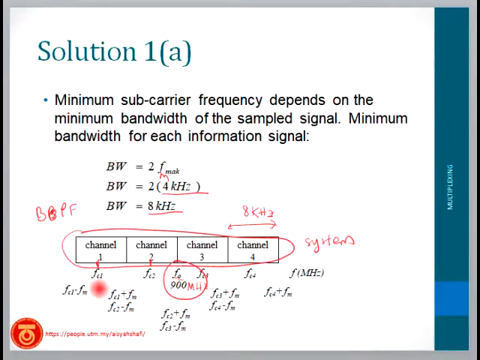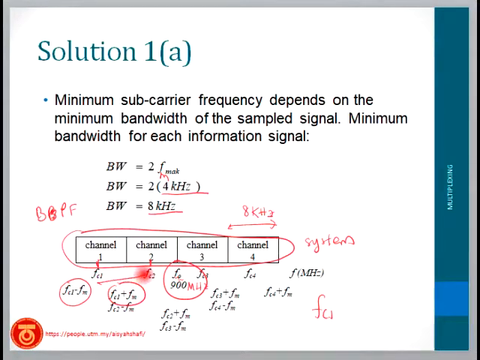And the band pass filter will pass FC minus FM and FC plus FM. So here is FC1 minus FM, and then the upper is FC1 plus FM. Same here, FC2 minus FM, FC2 plus FM.